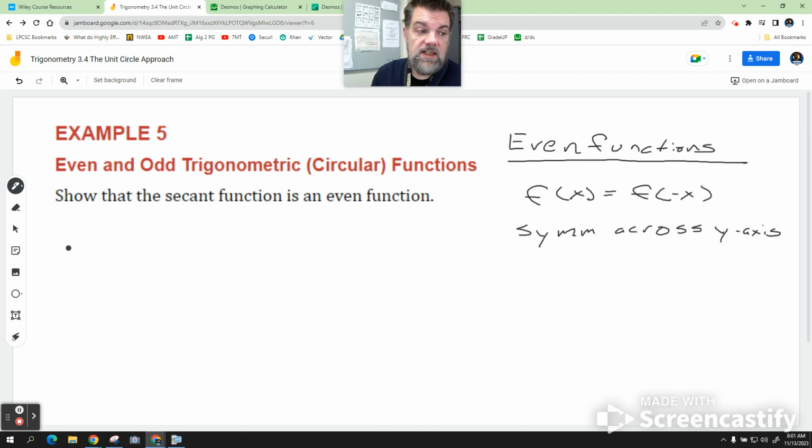So we need to show that secant of theta is equal to secant of negative theta.